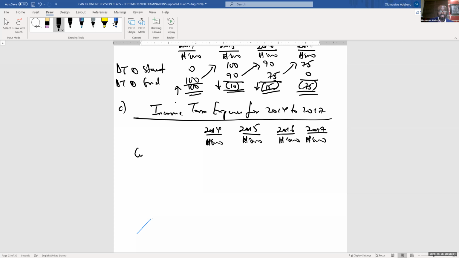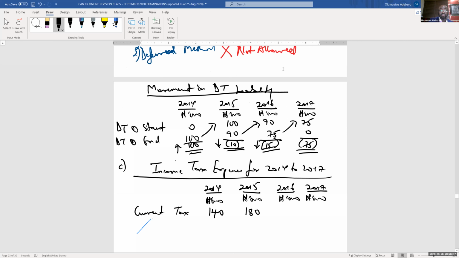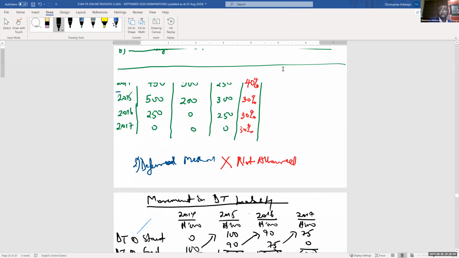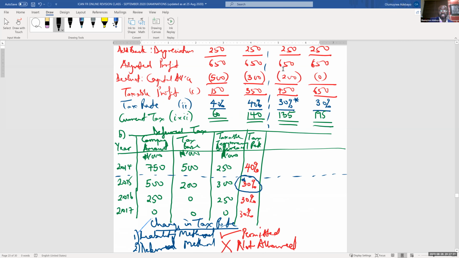Now, what is our current tax? As computed earlier, our current tax was 140, 180. Is that correct? Let's check. Okay, sorry. No, 60, 140.